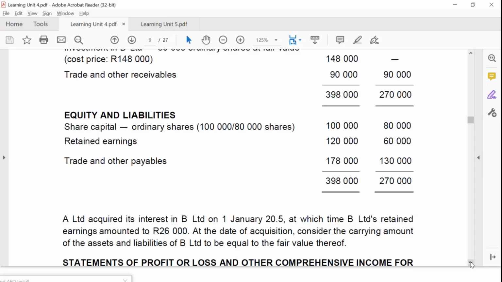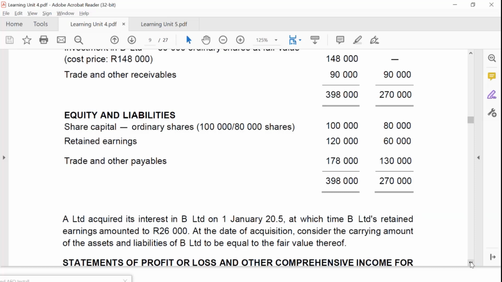You have a debit of 148,000 and a credit of 80,000 plus 26,000. So let's add the credits together. 80,000 plus 26,000 gives us 106,000.